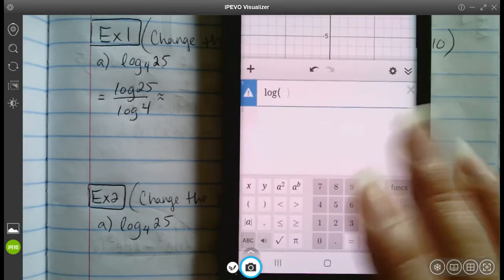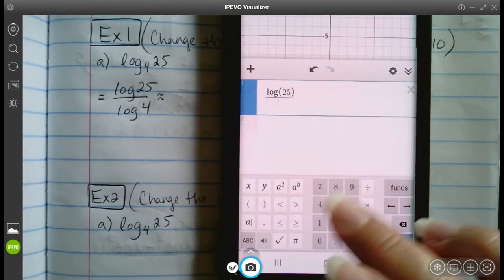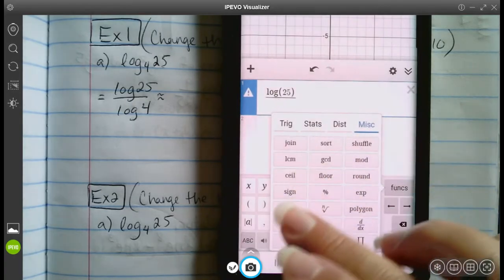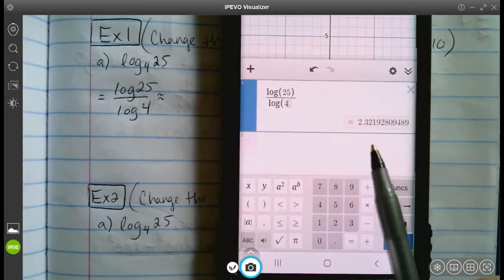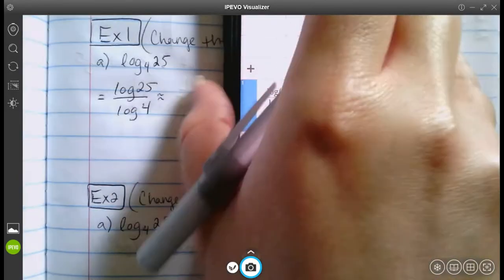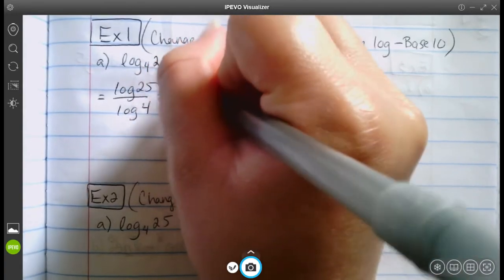So log, and then we have 25, divided by, again, log of 4. And there it is, 2.3219. So this is approximately 2.3219.